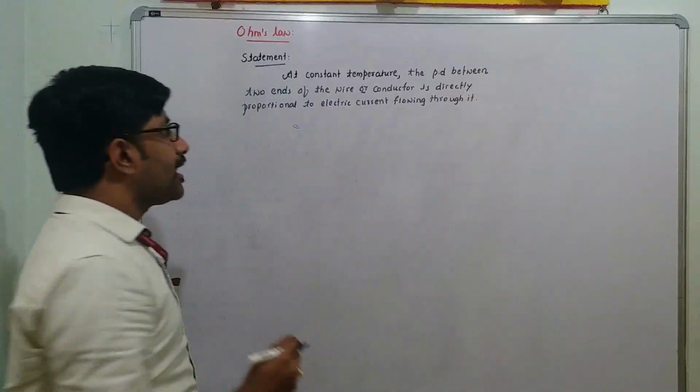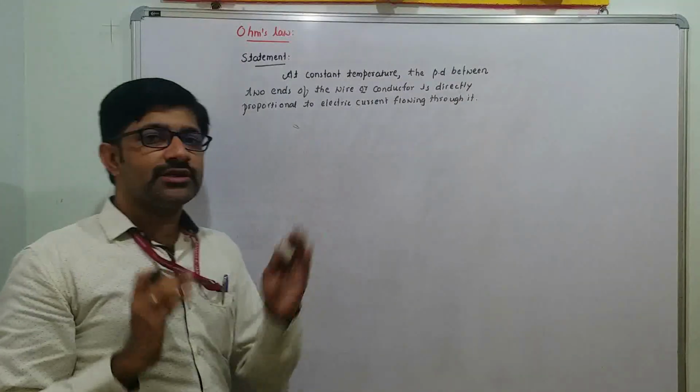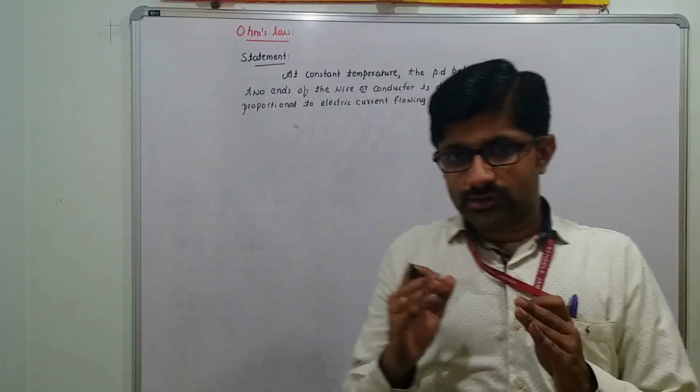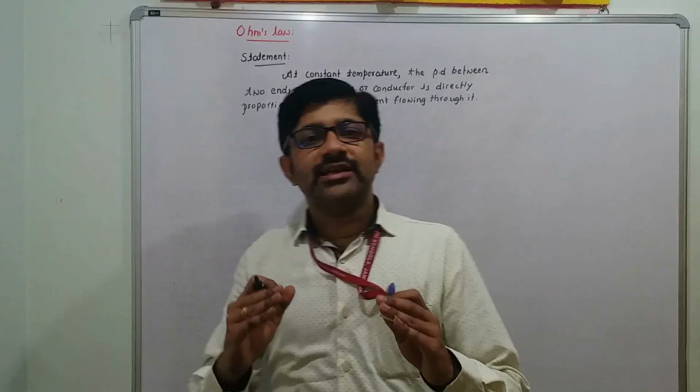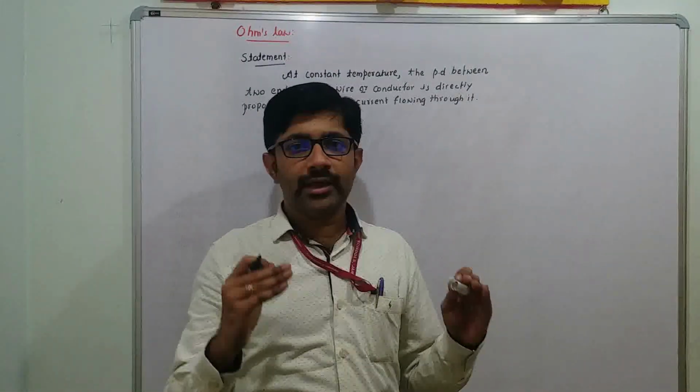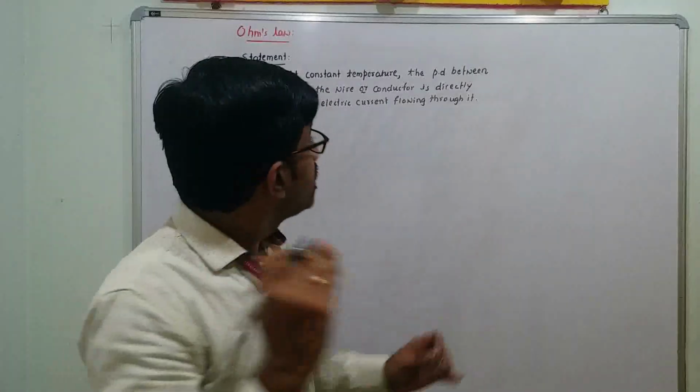So this law can be stated as: if we maintain a constant temperature, the potential difference across the two ends of the wire is directly proportional to the current flowing through it.